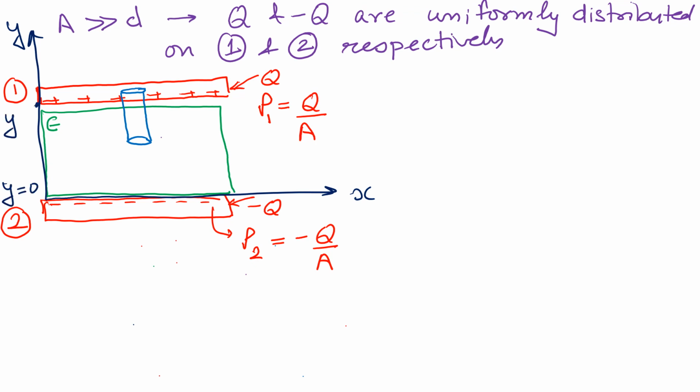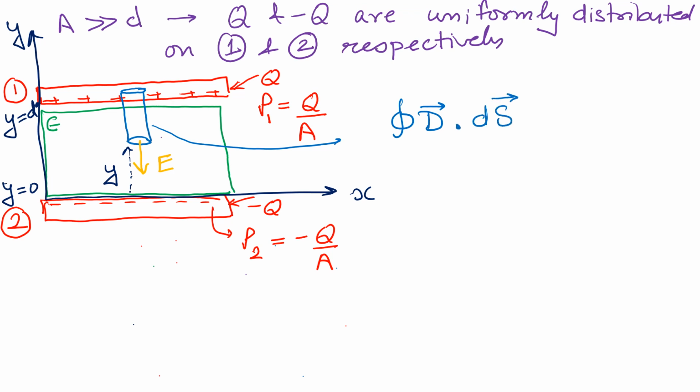This point would be y equal to d. So we go to some point y above, and to calculate what the electric field looks like there, we make this Gaussian surface. And on that Gaussian surface, we can now apply our Gauss's law, which says the flux is equal to Q enclosed.